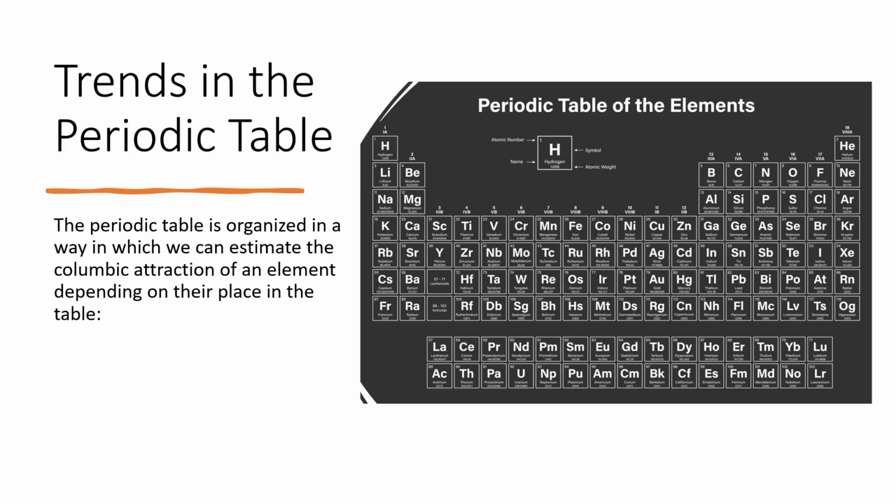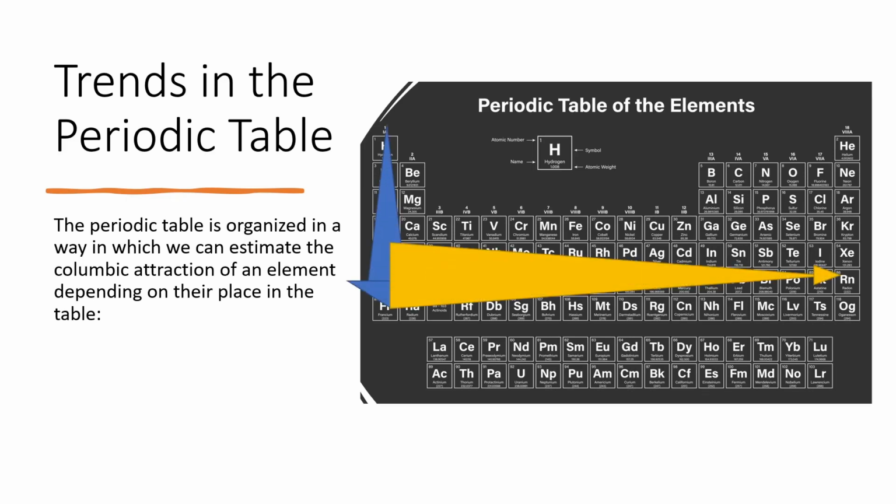So, as we go down in the periodic table, we'll see that the Columbic attraction gets much lesser, and thus the atomic size gets larger since the electrons are farther away.